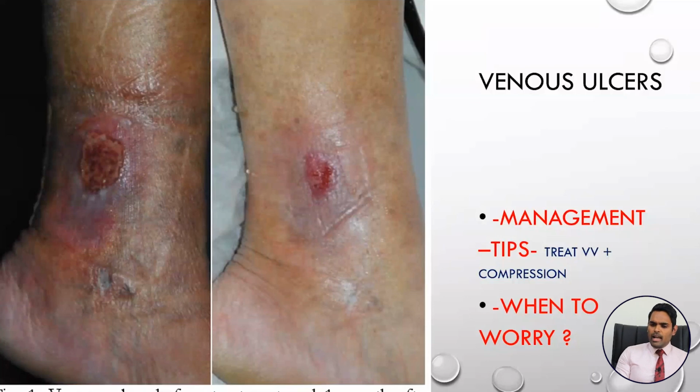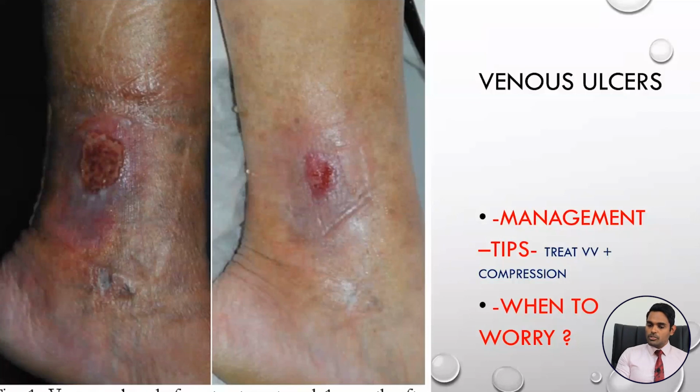The surrounding area is erythematous, and the leg will have features of venous insufficiency like varicose veins, eczema, blackish discoloration, and so on. Okay, so once you identify the venous ulcer, two things you should do.